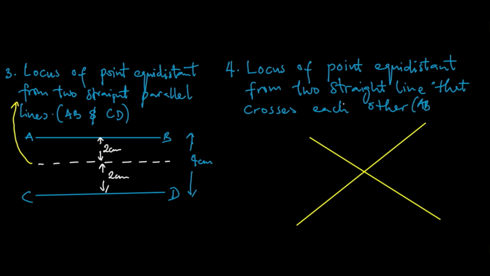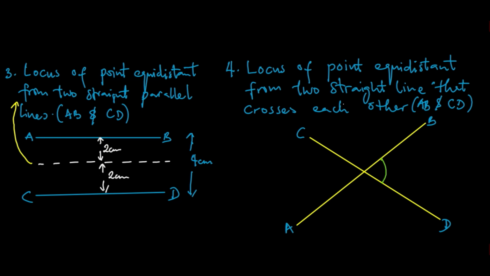Suppose the 2 lines are AB and CD. To do this, we are going to bisect the angle. Look at the angle now. Suppose the midpoint is O, BOD. Now we are going to bisect the angle.